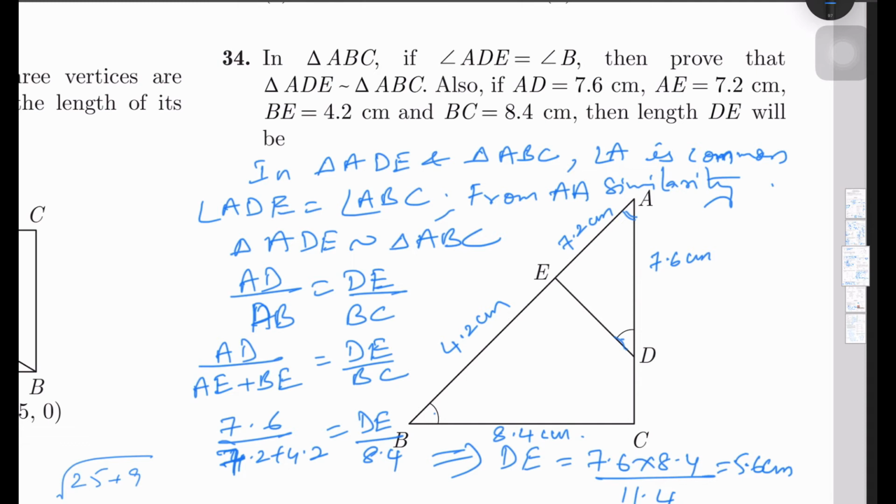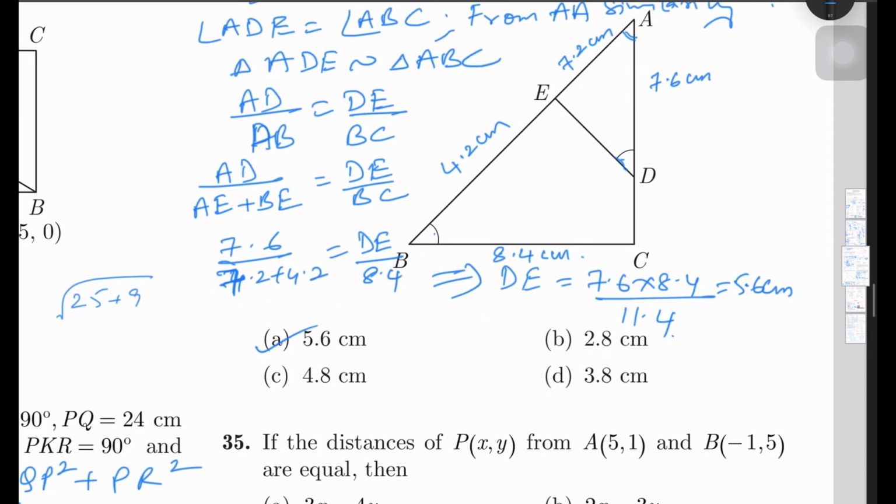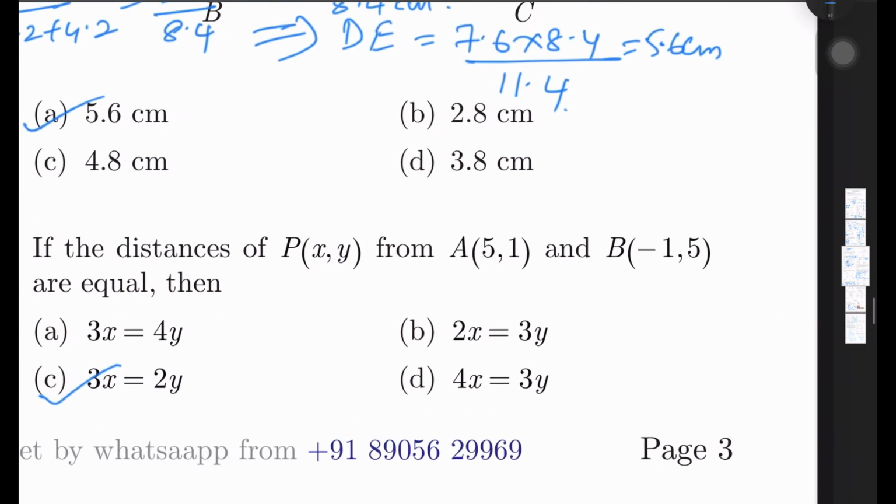So you cross multiply: 7.6 into 8.4 by 7.2 plus 4.2, which is 11.4. Therefore 5.6 centimeters is the answer for that.